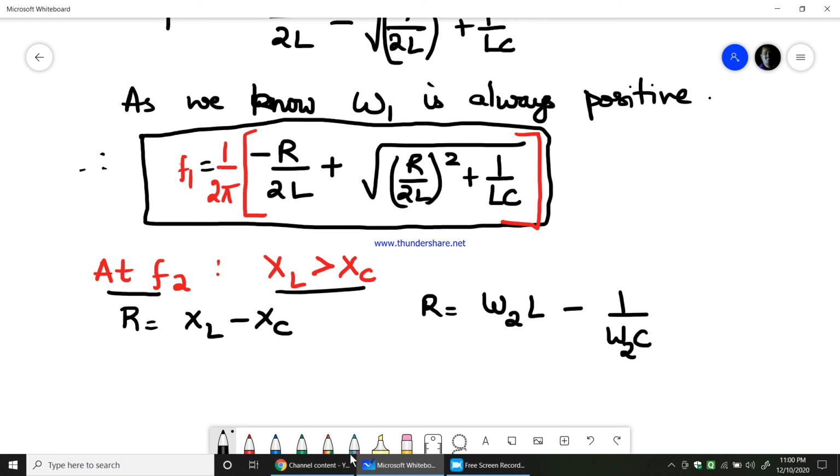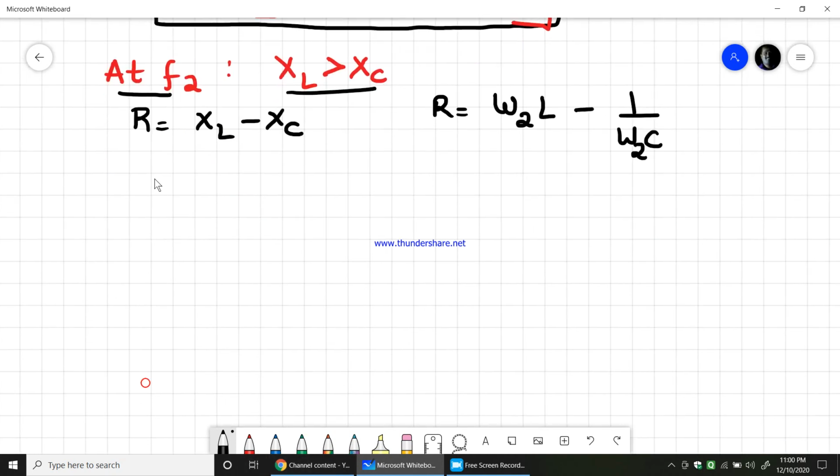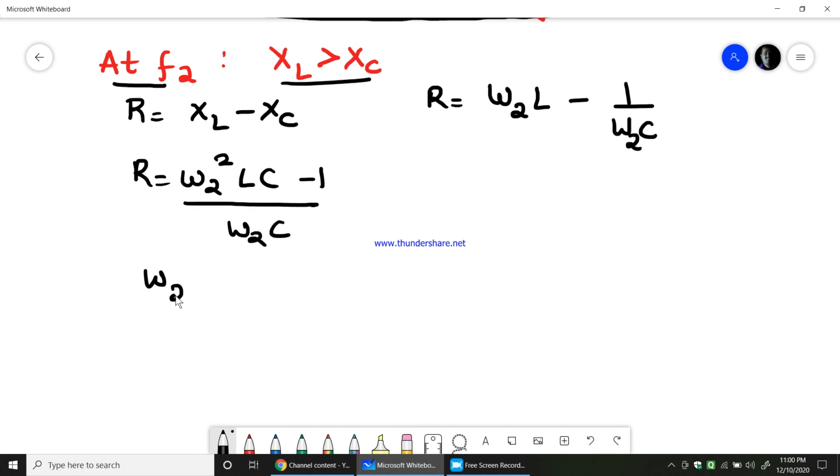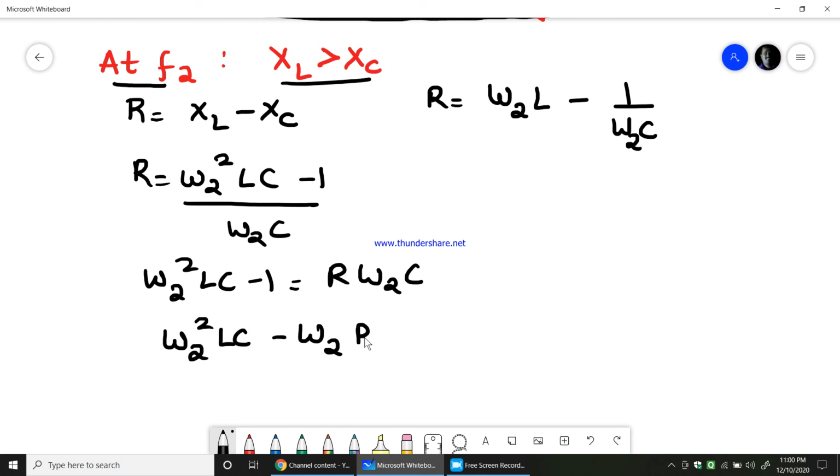So we get R equals omega 2 square LC minus 1 divided by omega 2 C. Therefore omega 2 square LC minus 1 equals R into omega 2 C, so omega 2 square LC minus omega 2 into RC minus 1 equals 0.